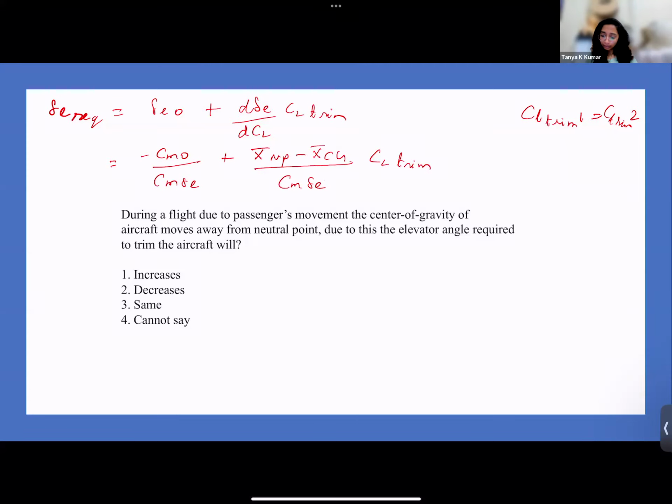They say that the CG of the aircraft moves away from the neutral point, so this quantity x bar NP minus x bar CG increases. What happens to stability?